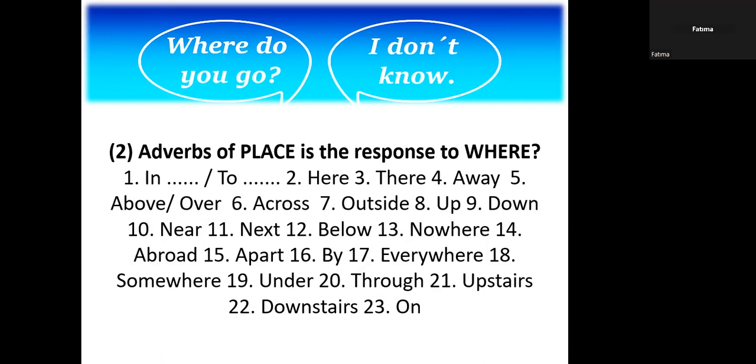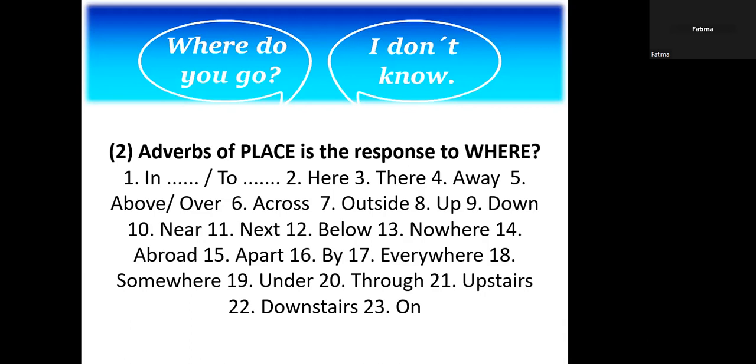In, for example, a preposition, come in the house, for example, okay? Go to the theater, for example. Here, come here, here is also adverb. Go there. Go away from the dog, okay? Go away from that dog, that fierce dog.